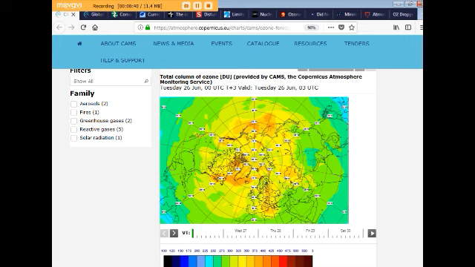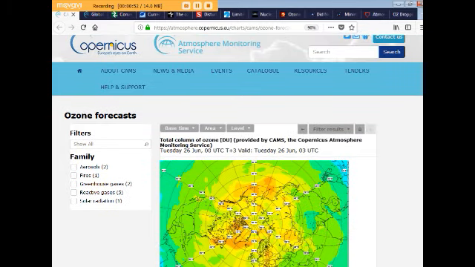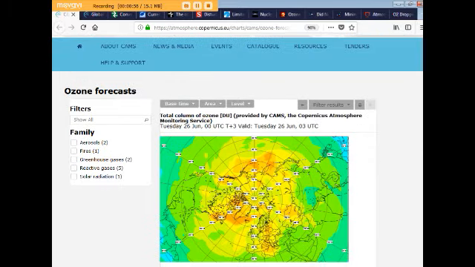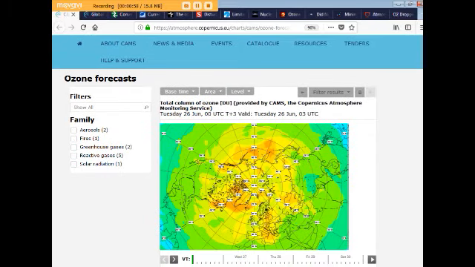Now, I've already shown everyone how to look at ozone levels on CAMS, the Copernicus Atmosphere Monitoring Service, and I will leave the links below.